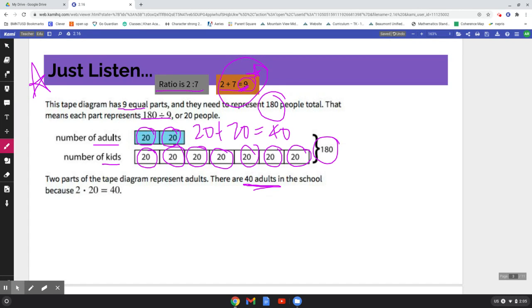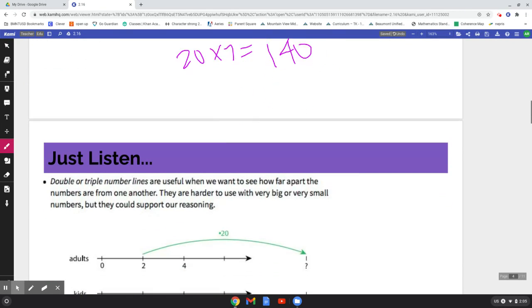Now, if I wanted to know the kids, I would do 20 plus 20 plus 20 plus 20 plus 20 plus 20 plus 20, or I could do 20 times 7 because there's 1, 2, 3, 4, 5, 6, 7 of them. If you asked me how many kids there were, I would tell you that there's 140. So the tape diagram tells us those things.